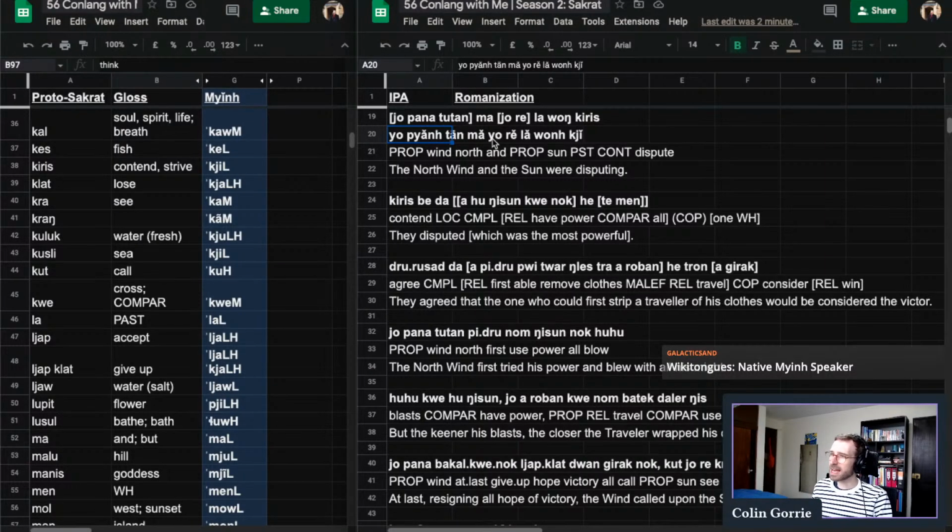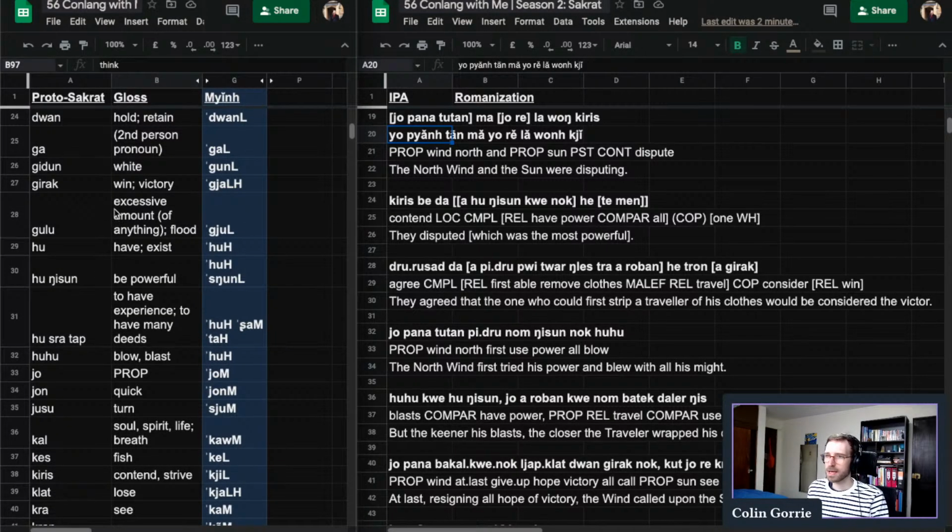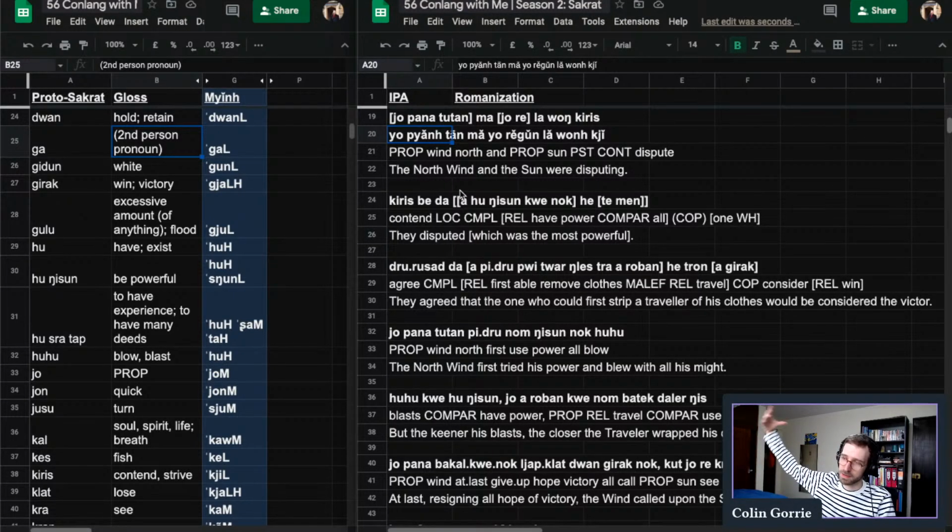So instead of sun being re, we might have something like bright sun, or white sun. So instead of just re being sun, it could be something like regun, which comes from sun white, but just means sun. Something like that. And so in other languages, maybe the word for sun, this proto form re, continues as is, but in Mi it's compounded.